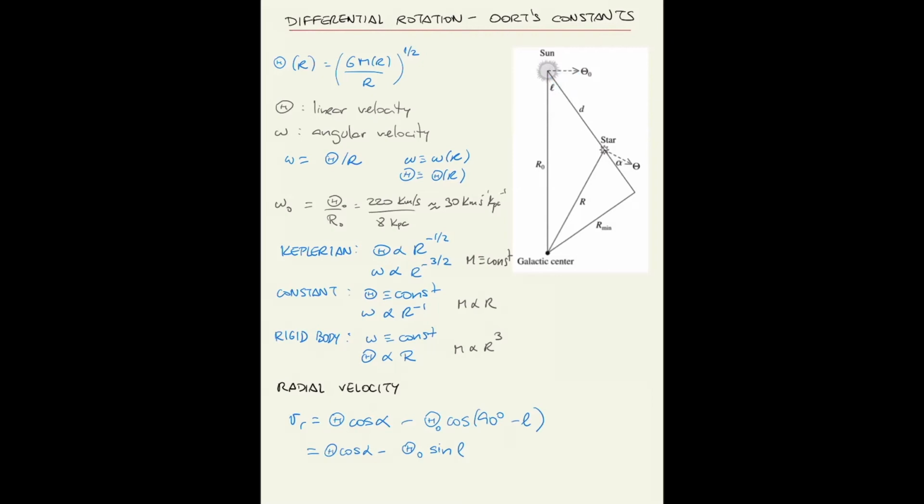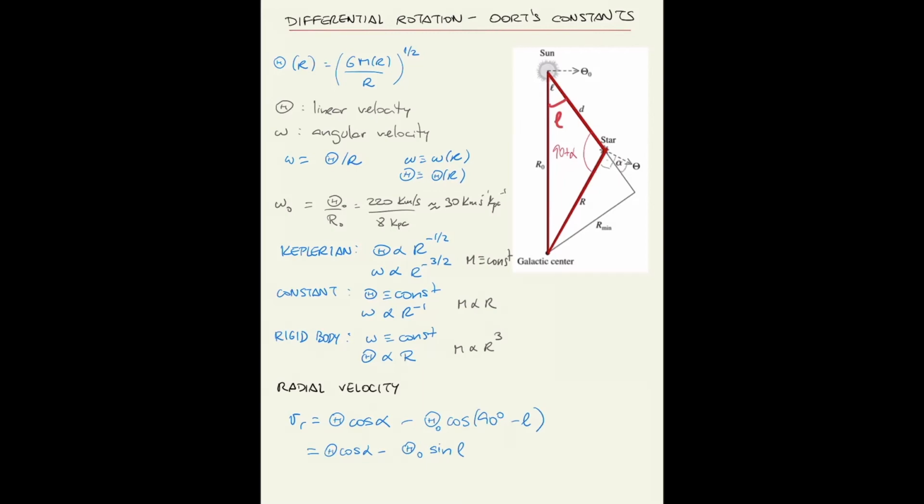How do you do that? The line from the sun to the star, which is this line here, and the line from the star to the galactic center, which is this line, define a triangle whose vertex angle equals L at the sun, and 90 plus alpha at the star. You can see that from realizing that the angle between the line to the galactic center and the velocity vector is a right angle, 90.